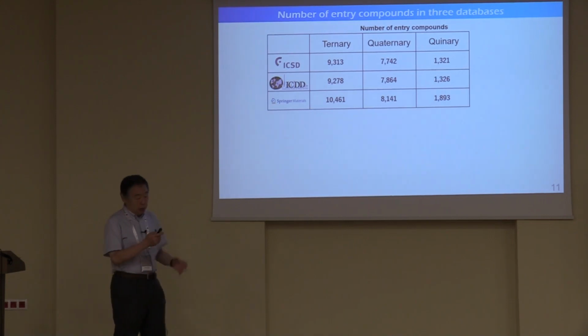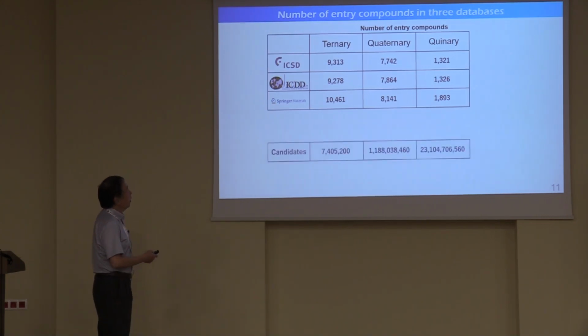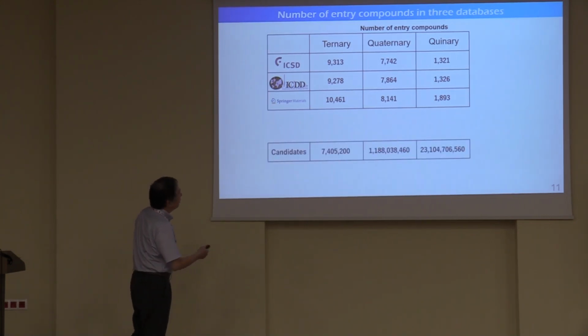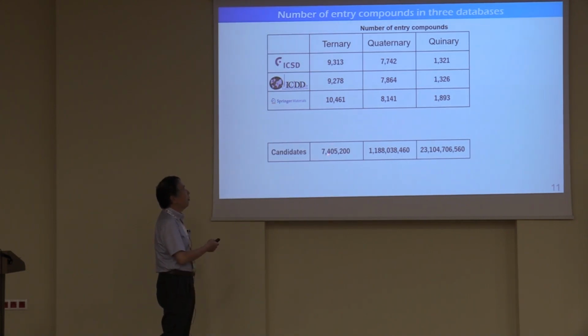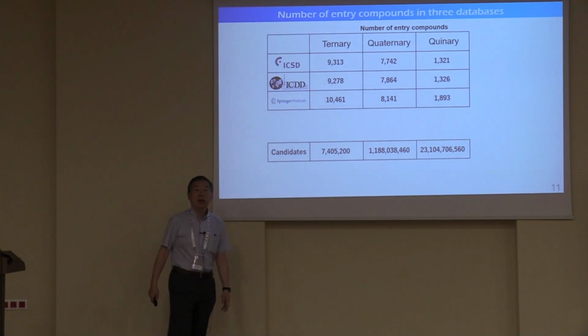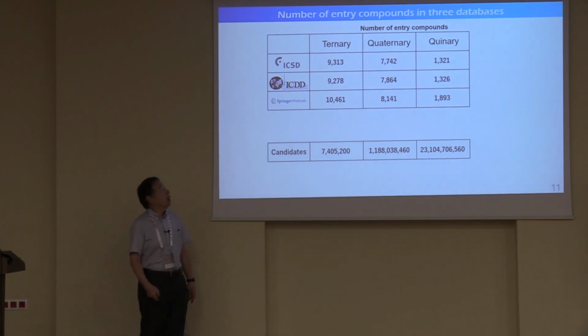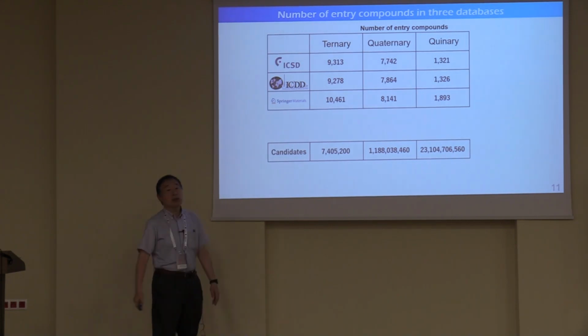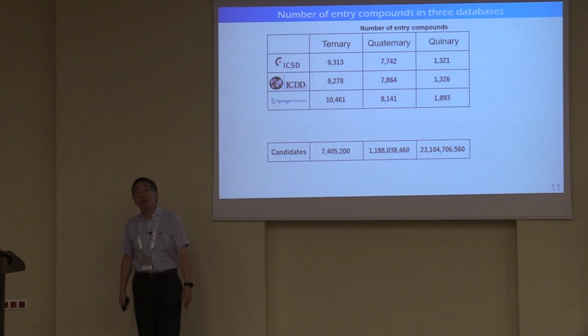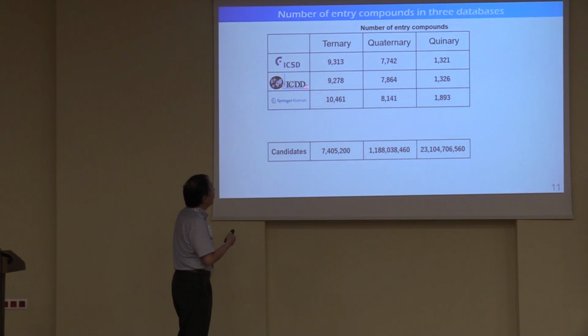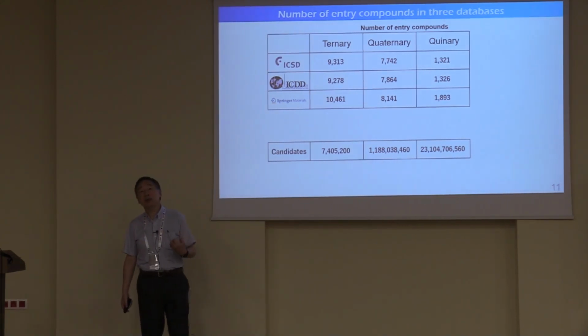Compare those candidates, 7.4 million or 23 billion, with our database. Our database is very limited, but this is the only database available and we can use, so there are no other ways.